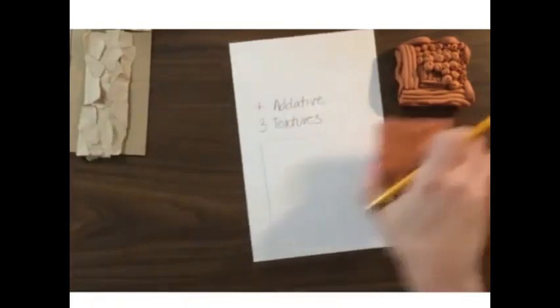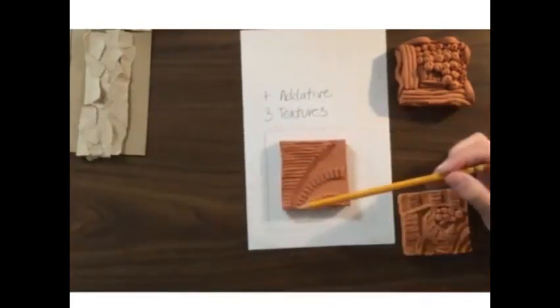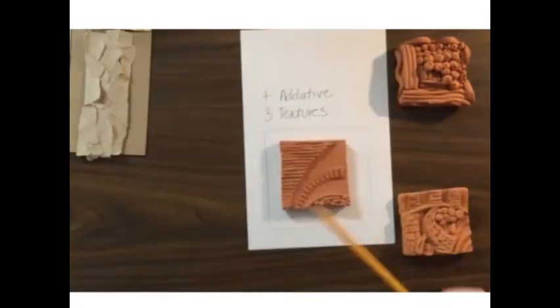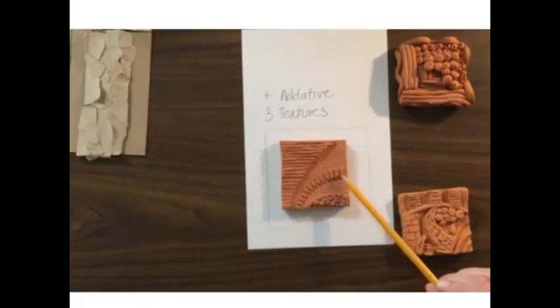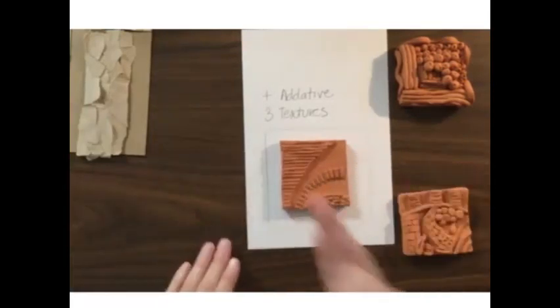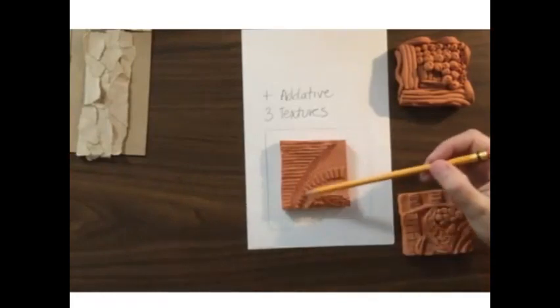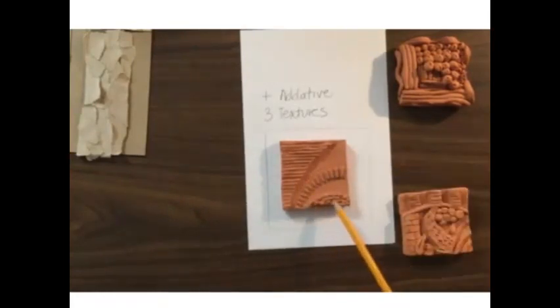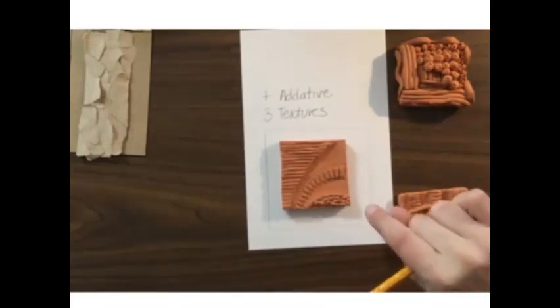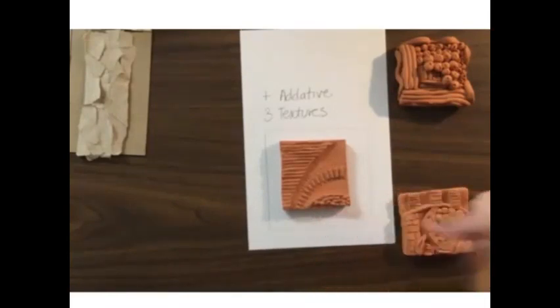So on this example that I have, I made these additive textures, which were all little skinny pieces that I overlapped onto each other. I made these additive textures, which was like a long skinny cylinder I rolled out, and then I cut it into pieces and I attached it. And then I made these additive textures, which each one was like a tiny jelly bean that I would squish on there and overlapped them.